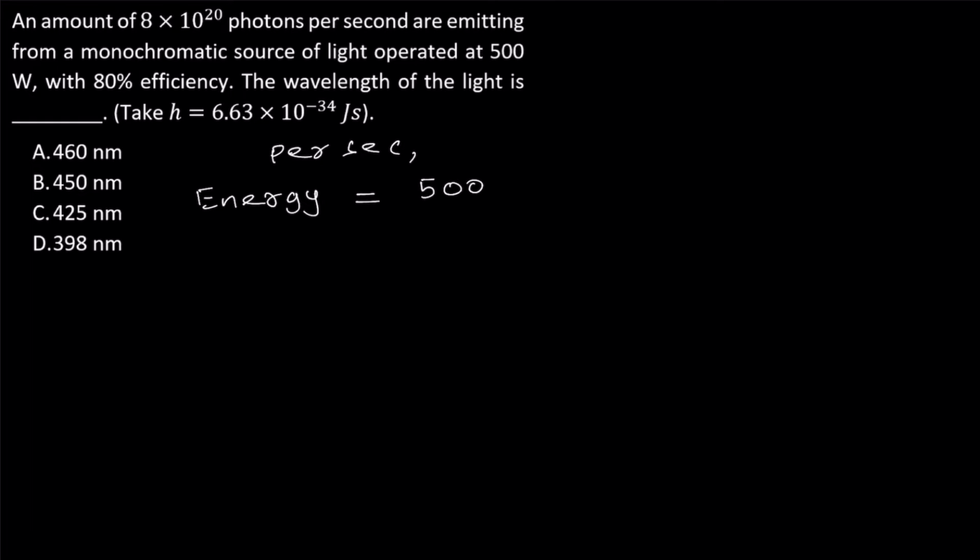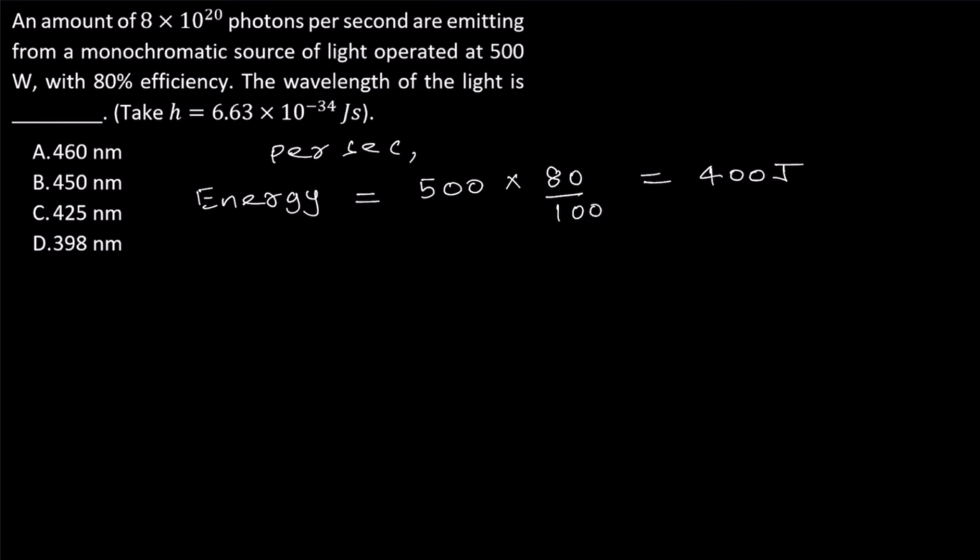That is with an efficiency of 100, but the efficiency is 80. So out of 100 we are getting, let's say, 80. So the actual energy emitted will be 500 into 80 by 100. So how much is this? So this will be 400 joules. So we are just getting 400 joules of energy.